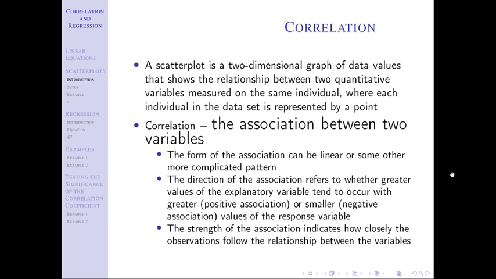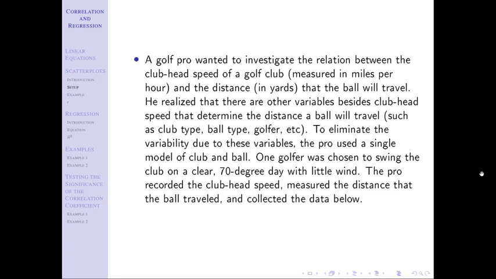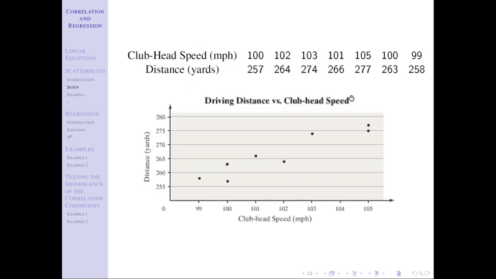And so an example, if we have a golfer who wants to see what the relationship is between how fast he can swing a club and the distance the ball travels, we take a bunch of shots, we measure the club speed, and we see how far the ball goes. So this is an example of a scatter plot. Notice we don't have negative values for the x-axis.